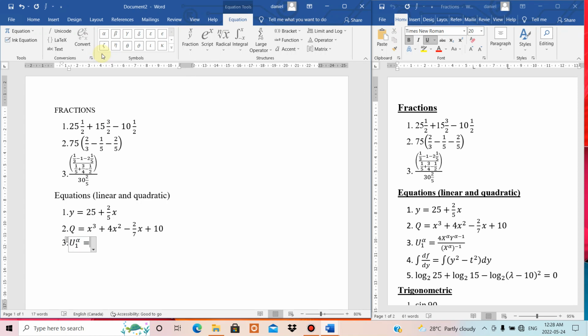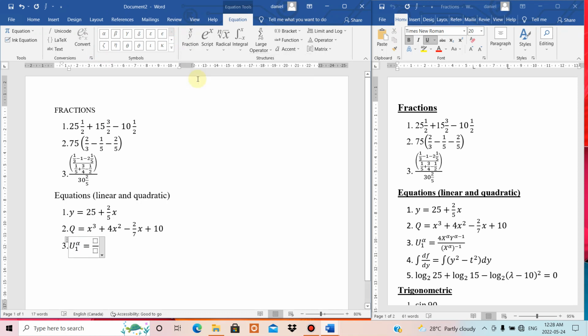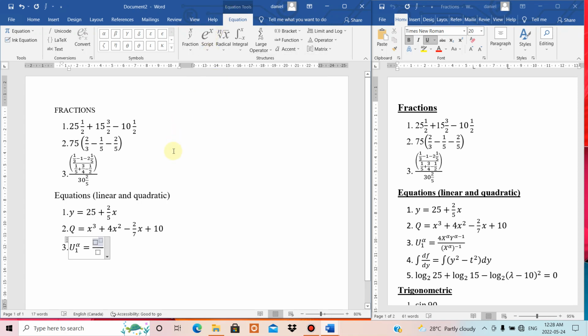Equal to, now it is equal to a certain fraction. So you take your fraction. On the numerator, we have 4x exponent alpha. So we'll still need a superscript.